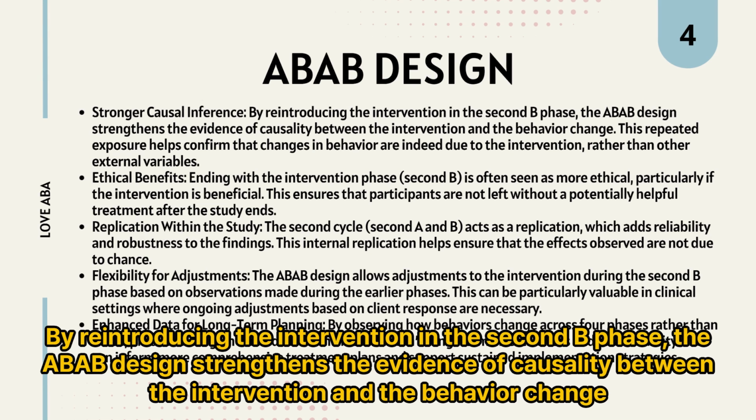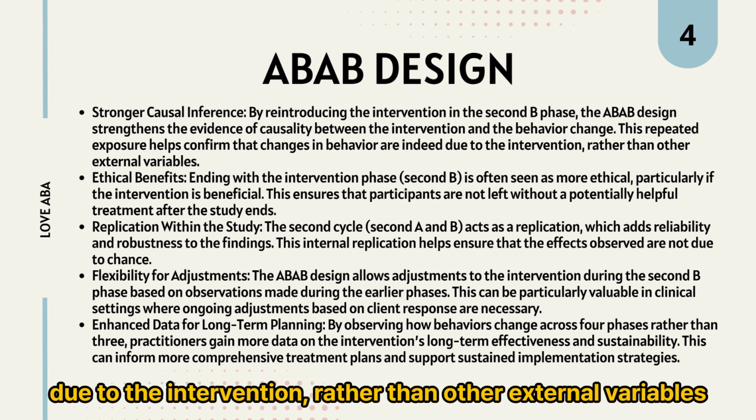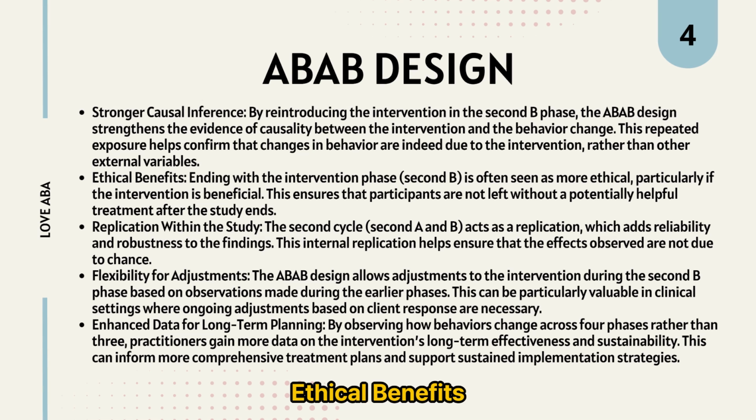By reintroducing the intervention in the second B phase, the ABAB design strengthens the evidence of causality between the intervention and the behavior change. This repeated exposure helps confirm that changes in behavior are indeed due to the intervention, rather than other, external variables.